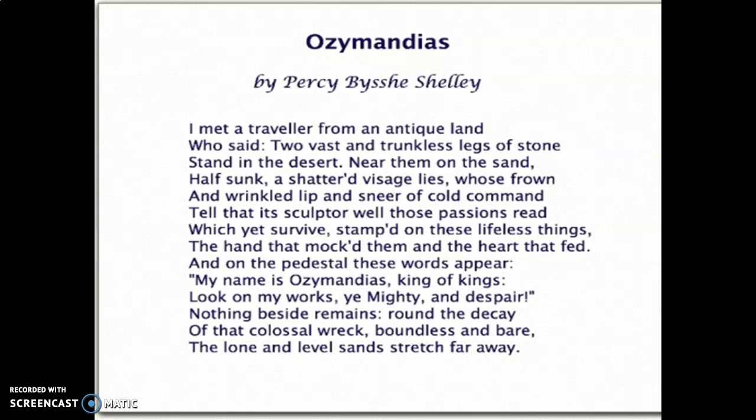Ye mighty and despair. Those who think that they are mighty cannot excel me in my mightiness, because I have built all those mighty buildings.